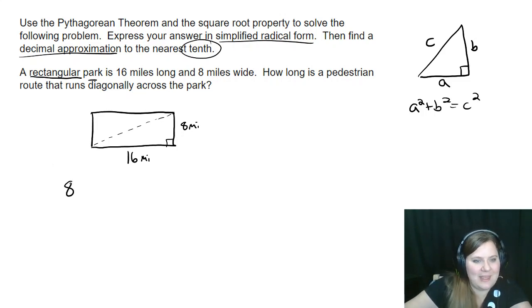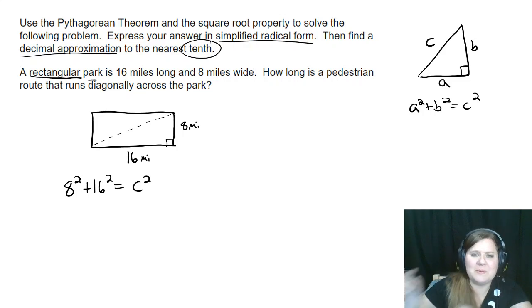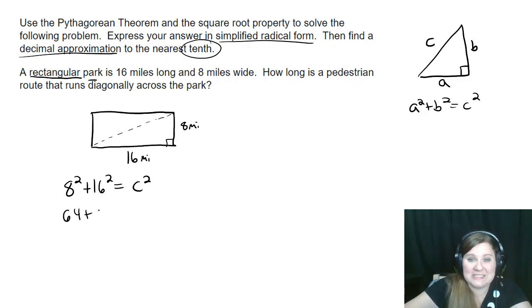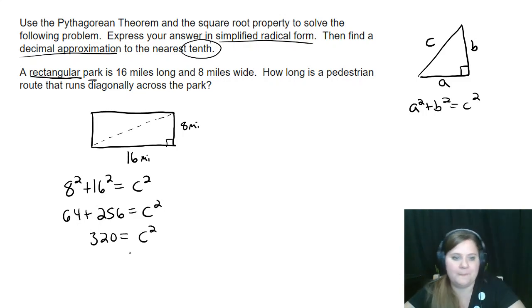Okay, so I have 8 squared plus 16 squared equals c squared. And remember, since addition is commutative, if you did 16 squared plus 8 squared, that's fine too. Now 8 squared is 64, 16 squared is 256. I add those together and I get 320 equals c squared.